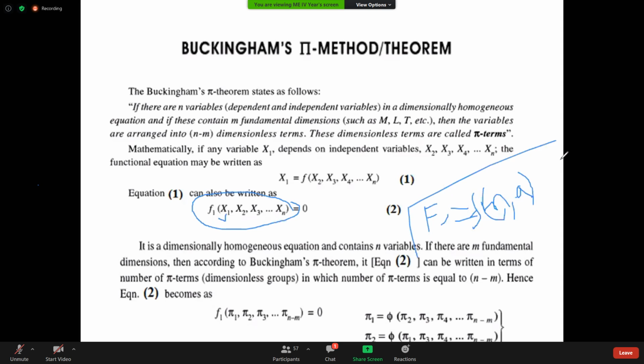This is the thing we have to obtain. But how many variables are there totally? Three variables. Irrespective of dependent and independent variables, we can write the equation like this and equate it to 0, just for simplification, for showing it. But our ultimate intention is to find out F is equal to MA using the dimensional quantities.